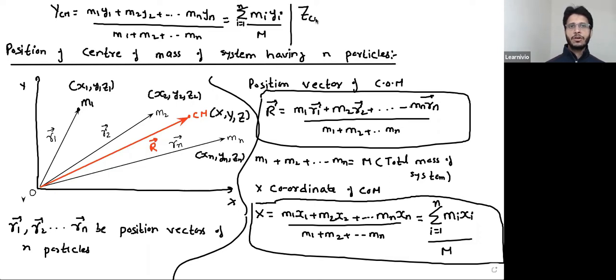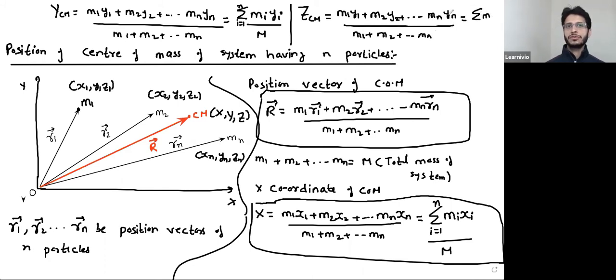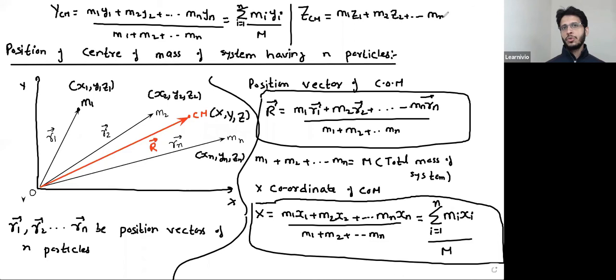In the same way, the z coordinate of center of mass is m1 z1 plus m2 z2 up to mn zn, divided by m1 plus m2 up to mn.